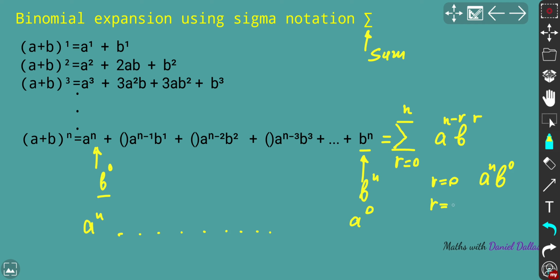If you plug in the next, r equals 1, you'll get a to the power of n minus 1, and b will get 1 more. So that means, in comparison with the previous one, it will get 1, okay? And up to, let's say, r equals n, because that's the final, we'll get a to the power n minus n, which will give us 0, right? And b will get the maximum power, r equals n, which corresponds to the last term, okay? That's how sigma notation works. So make sure you understand.